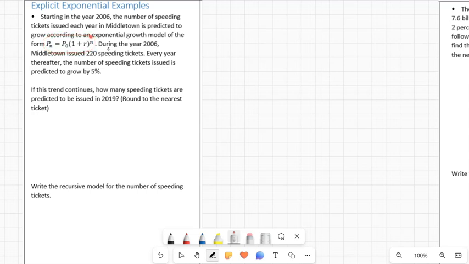All right, during the year 2006, Middletown issued 220 speeding tickets. So this is our initial information. That's going to be two things. First off, P sub 0 equals 220.